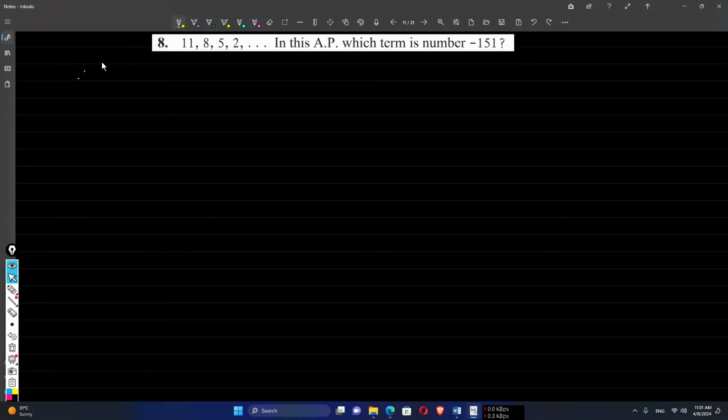Therefore, here, first of all, just write the AP: 11, comma 8, comma 5, comma 2, comma dot dot dot, and somewhere we have the number negative 151 in this AP, which means we can write minus 151 in the last place. So we can treat it as the last term of the AP. We have to find the value of n, and this will be our final answer.